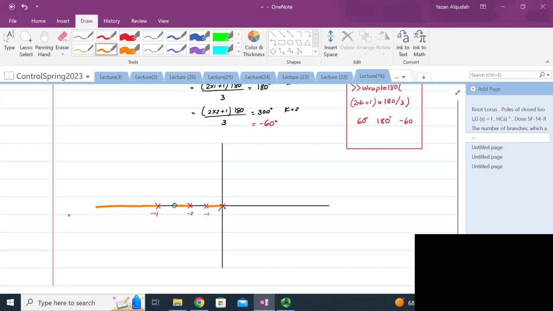To infinity. Perfect. When I increase k, where am I going to end up here? At -3, at the zero. Perfect. When I increase k, I'm going to be moving away from this pole and away from this pole. I have two, so I'm going to be moving away from them. What do you think is going to happen? Eventually, I have to leave these to go to the zero that is at infinity.